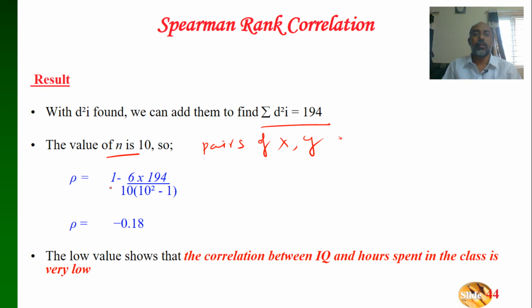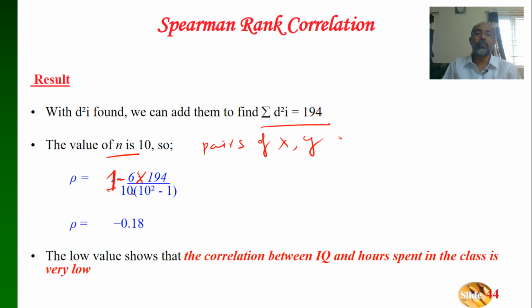So 1 minus 6 into 194, we got the summation of d square.